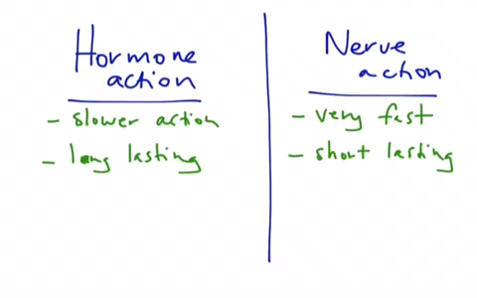So this is why this kind of information is part of this conserving biodiversity unit, because it helps you to understand that the survival of species sometimes can depend on their ability to take in information quickly enough and to respond quickly enough to changes in the environment. And what's going on in their bodies is critically associated with how hormones and nerves work.